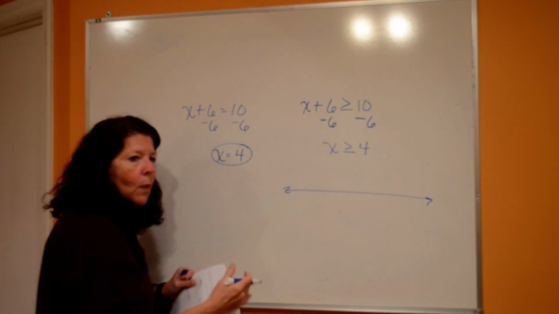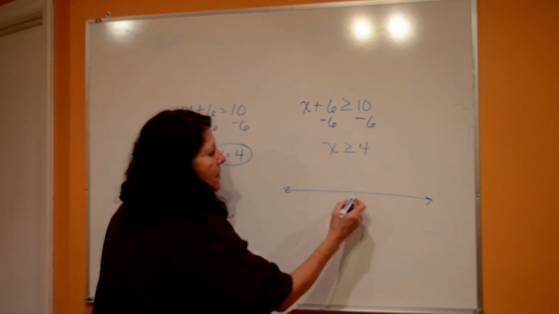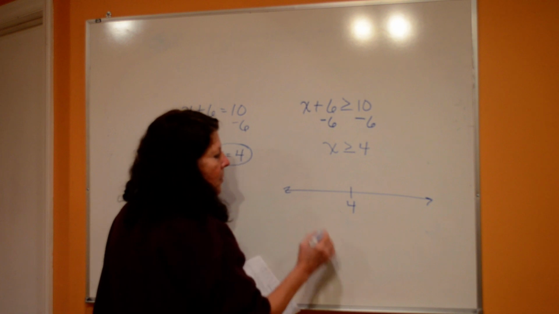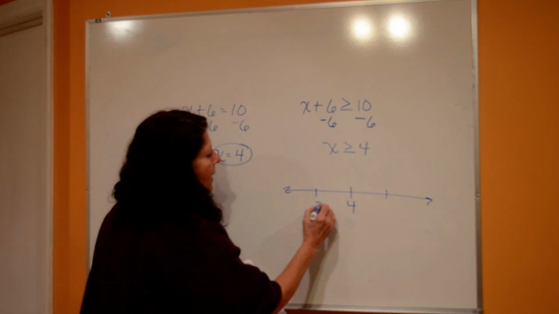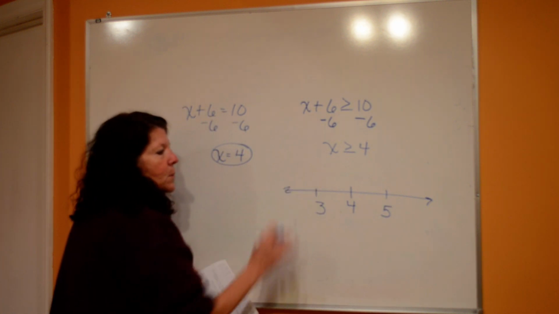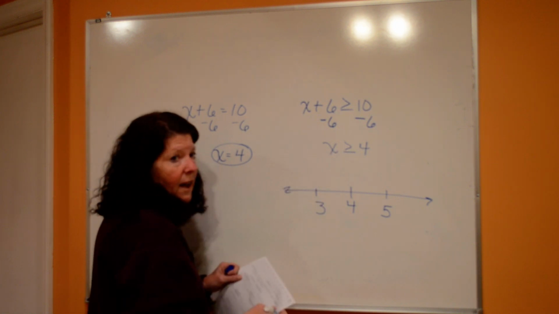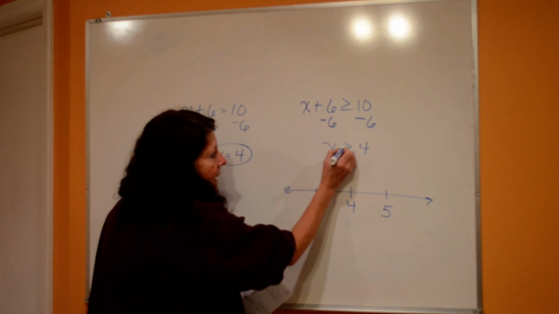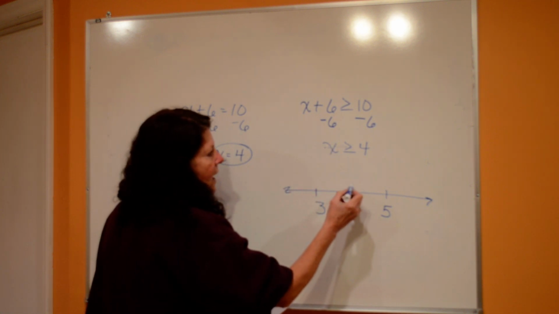When it says graph, what they want you to do is graph on a number line. You're going to put your 4 in the center of the number line, and put one number to the right and one number to the left of it. So that's a 3 and that's a 5. I always want to have my variable on the left-hand side, and this arrow right here tells me what direction I'm going to shade in.